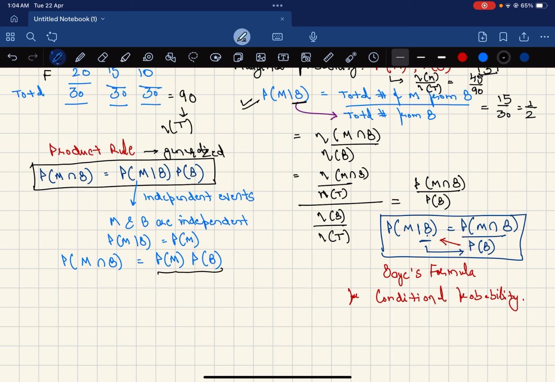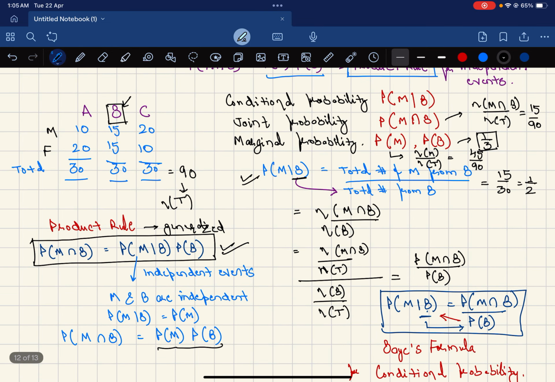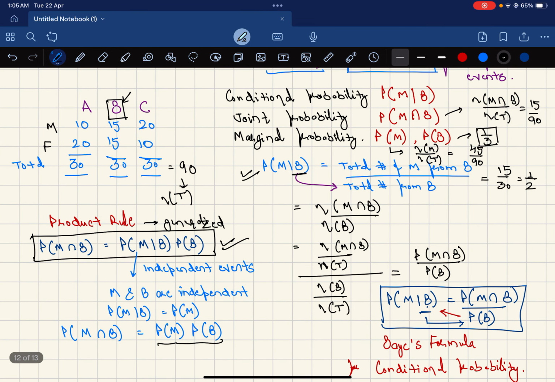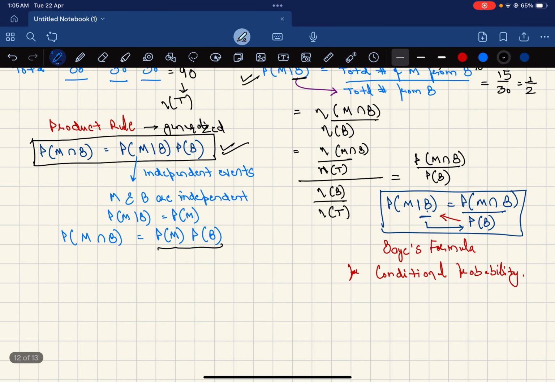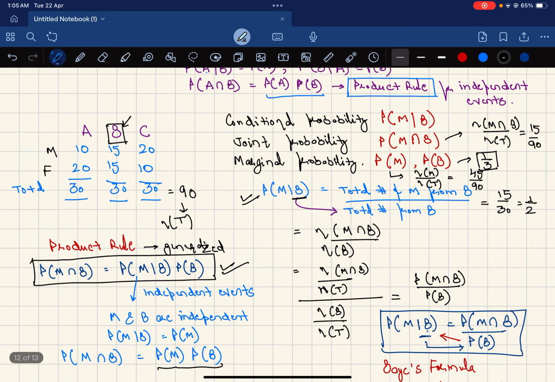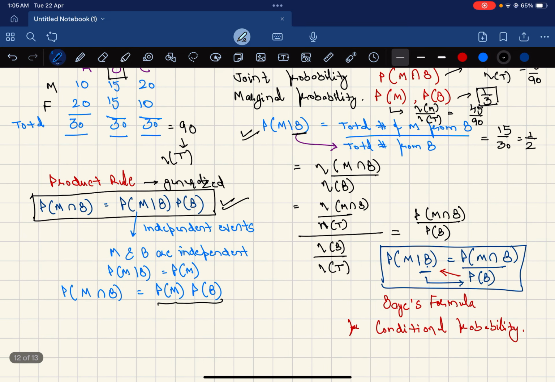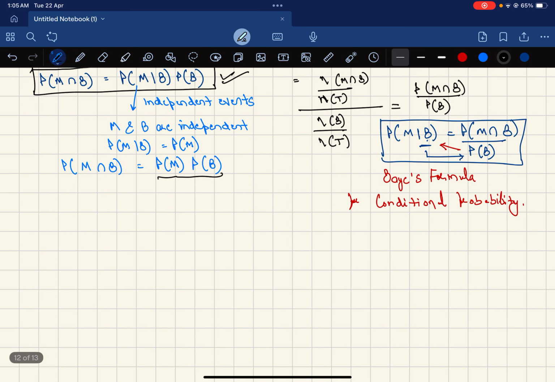So here we have got the generalized product rule of probability instead of just having the product rule for the independent events which we have seen earlier.